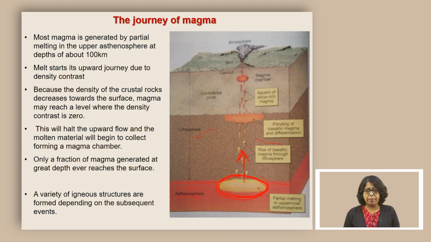It can also happen that it can still rise a little bit and encounter rock which is relatively lighter than its composition and hence stop, but in general wherever it encounters materials which are not denser than their own composition, they tend to lose their buoyant force and therefore will not rise upward anymore.